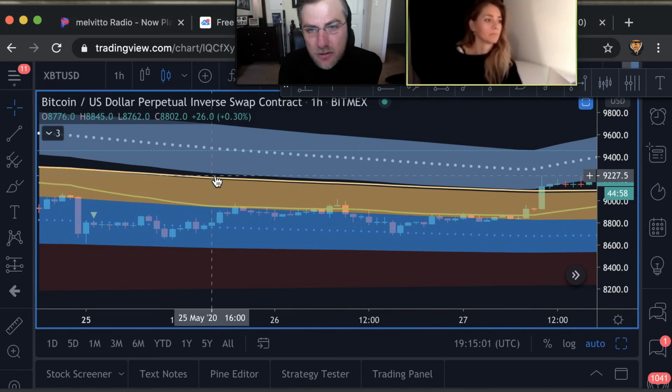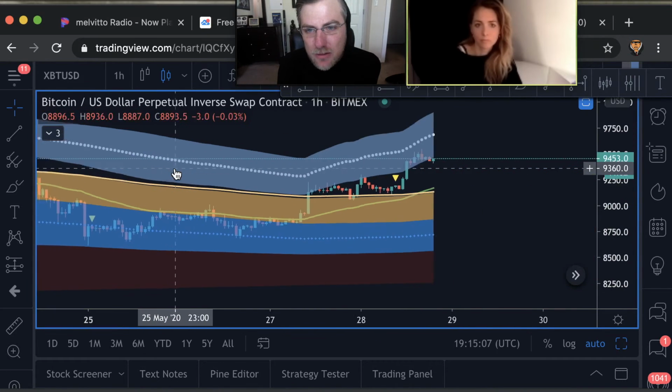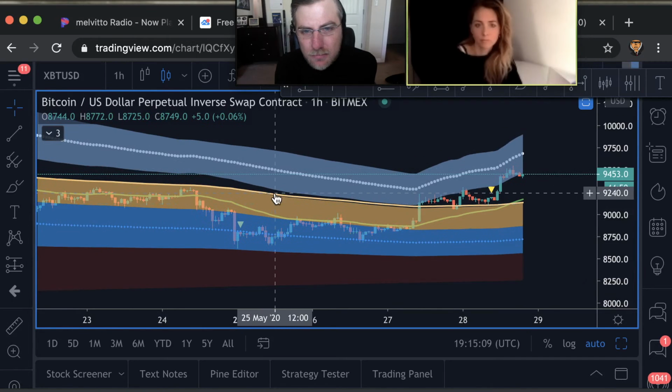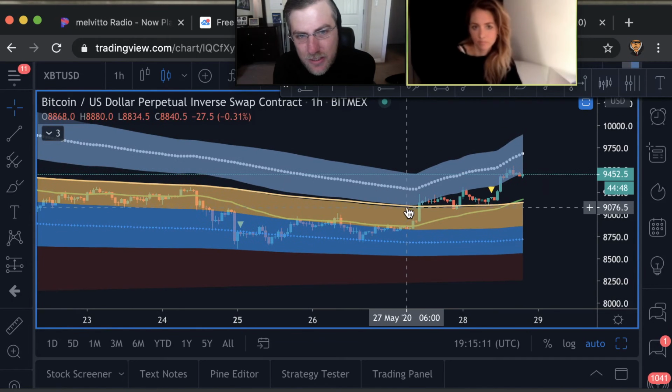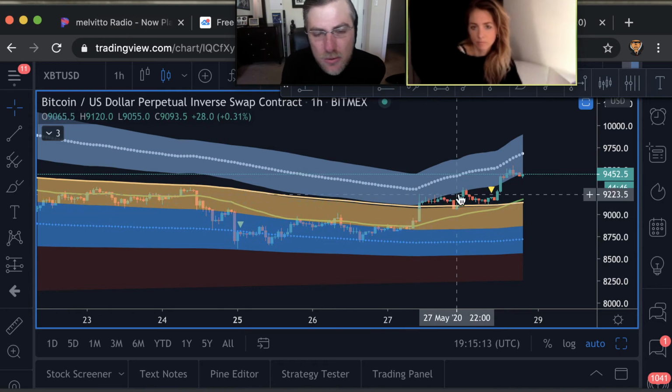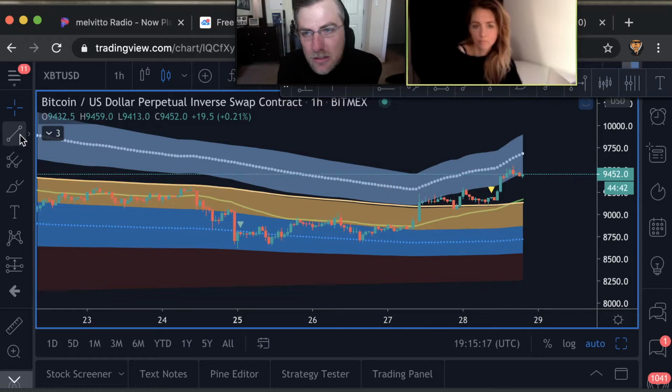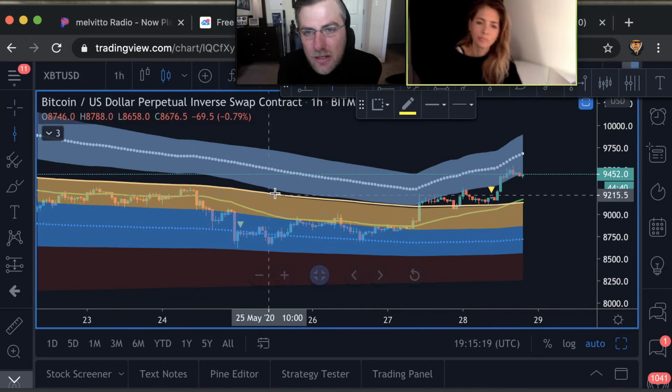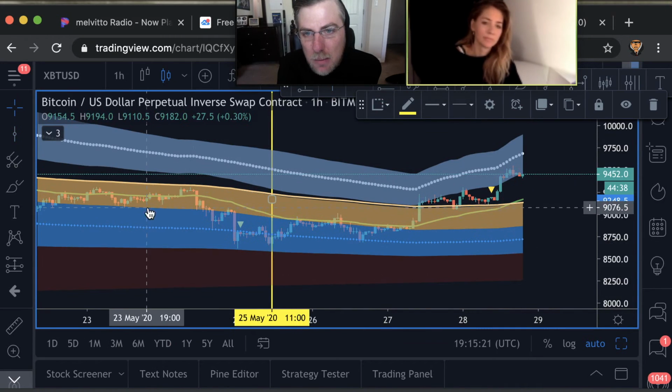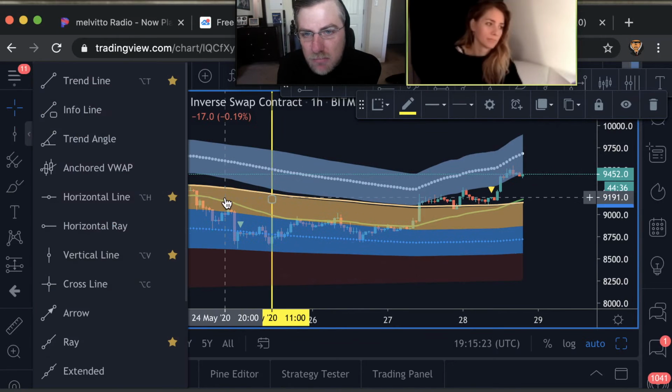Like right here's our squeeze, and then it kind of stays there. But notice how right here, when the squeeze happens, that's really where the bottom was. So just because the squeeze didn't start to diverge until the price got up here, when the squeeze started, that is when the bottom was really found.